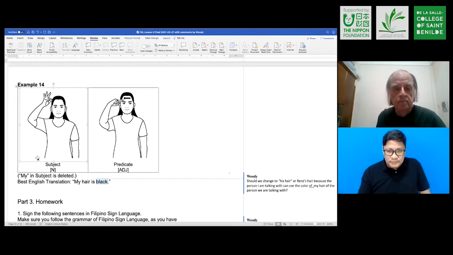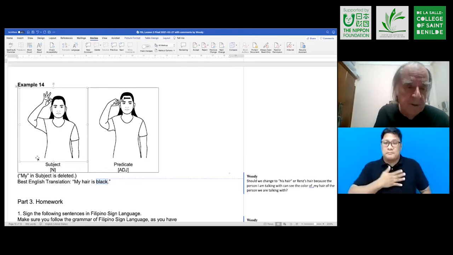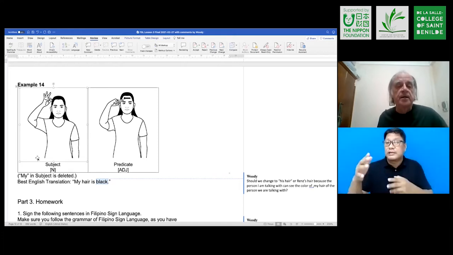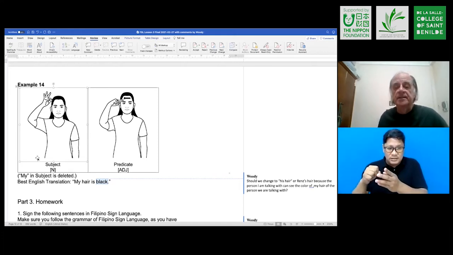So add Patrick. Yeah, Patrick's hair is black. And then change my to Patrick's in both of those translations. Patrick in subject is deleted, and best English translation, Patrick's hair is black.